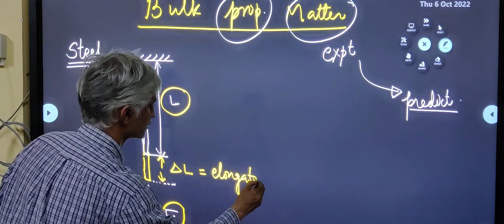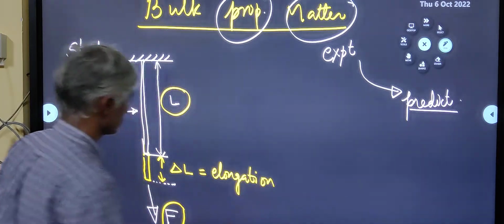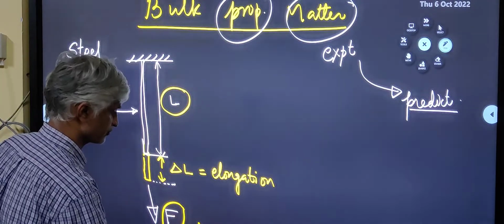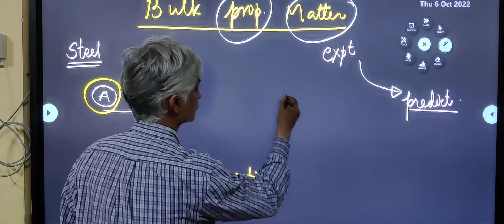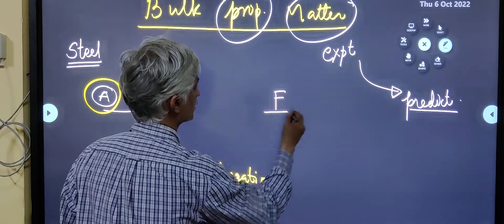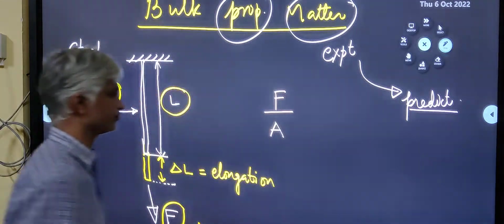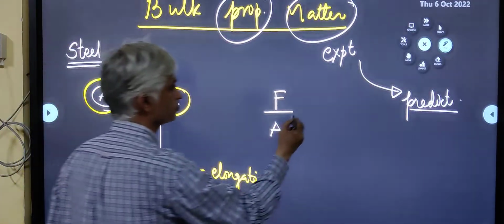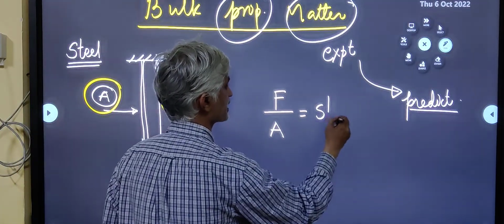Now the important quantities for us are there on the board. This F divided by the area is going to be an important quantity, and this is going to be called as stress.